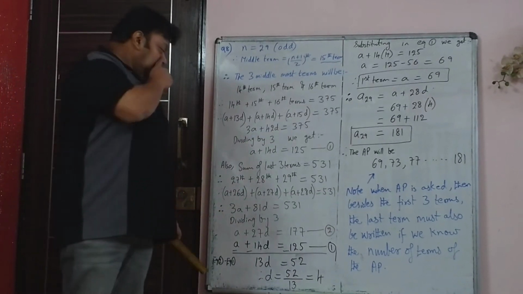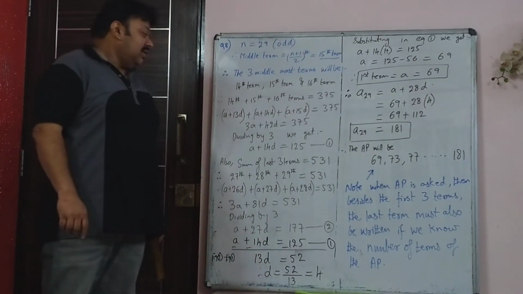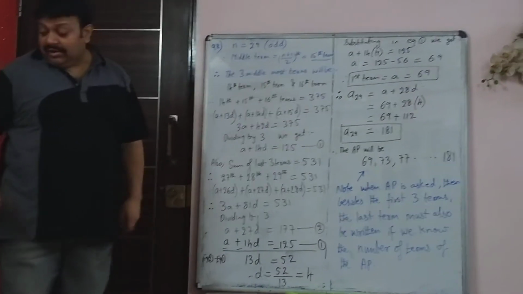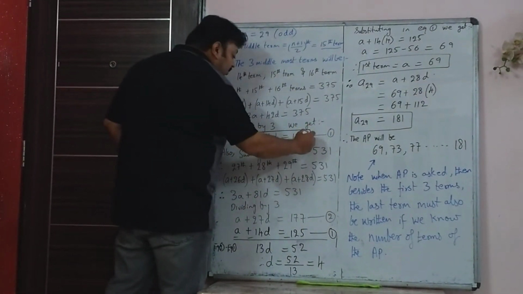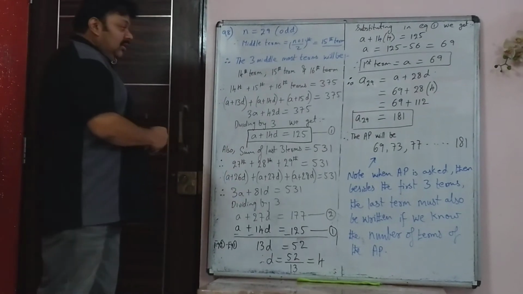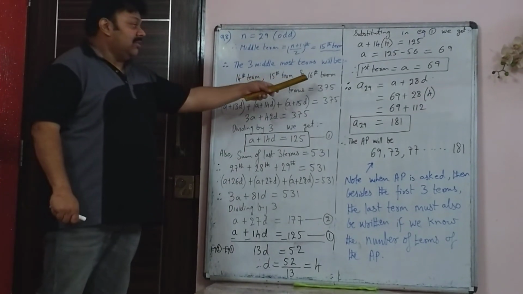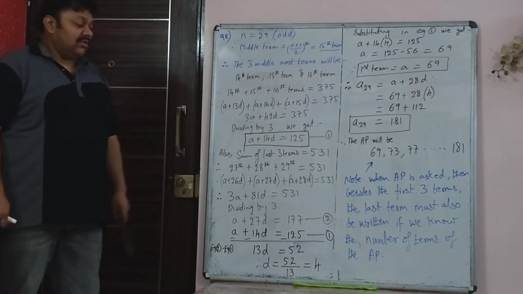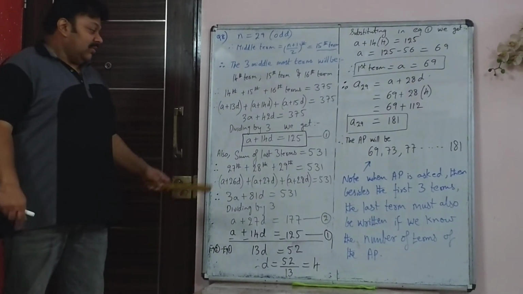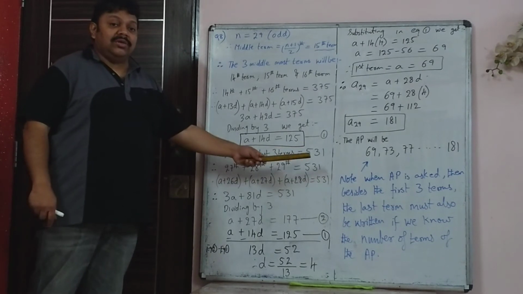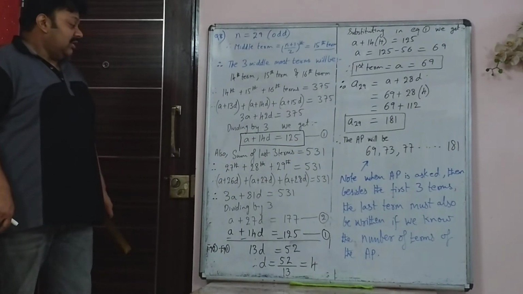So a plus 14d is 125 is one equation, from the data that the sum of the middle 3 terms is 375. One more piece of data is given in the same question, that the sum of the last 3 terms is 531.